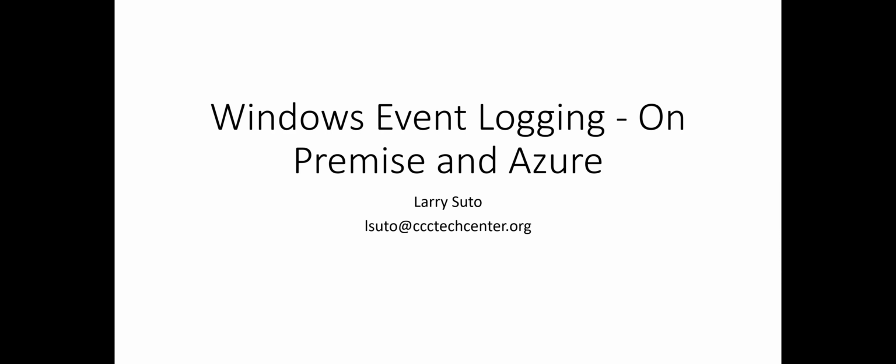So this is a presentation on Windows event logging, and a little bit of cloud event monitoring. The focus is a Windows focus, and then the cloud has a bit of an Azure focus.